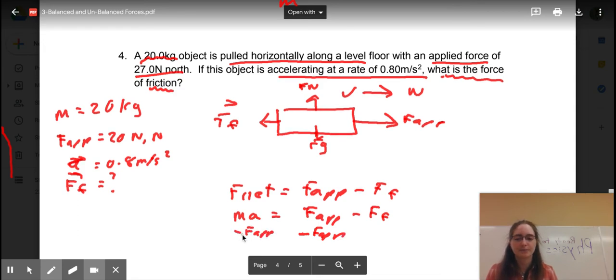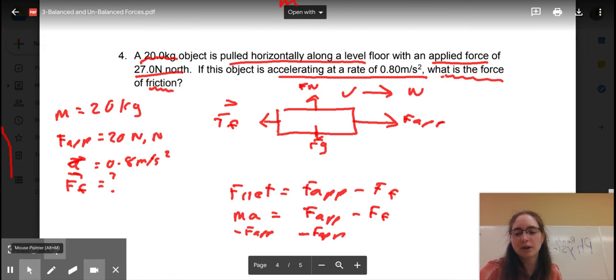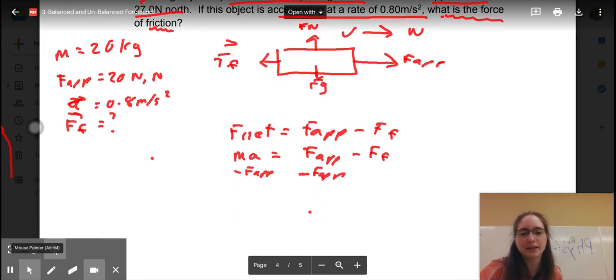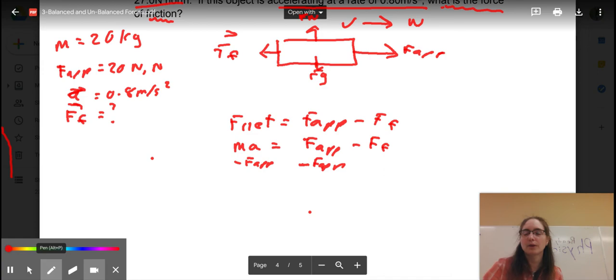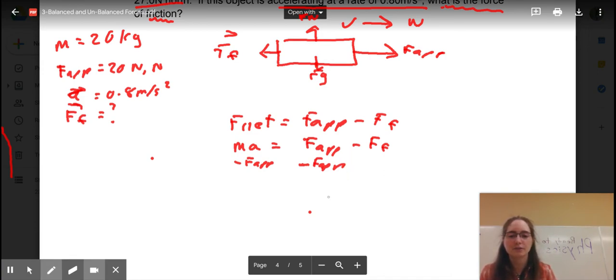from both sides. I'm just going to scroll up a bit so we have more space to write. My force applieds are going to cancel, and I am going to have ma minus my force applied equal to my negative force of friction.